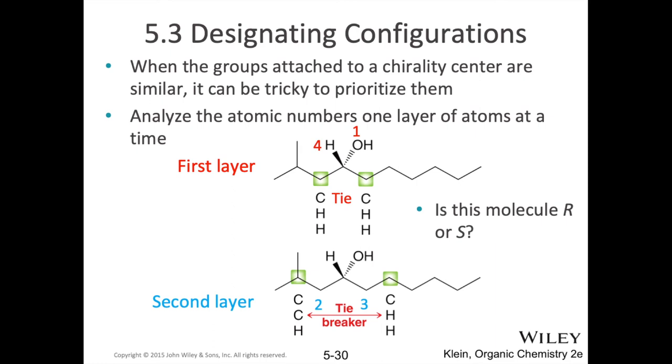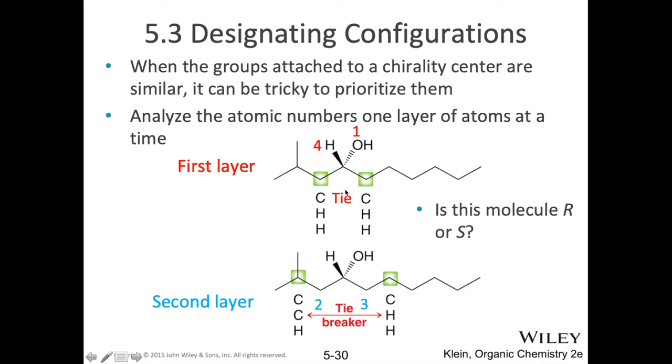But it isn't so much a total number of atoms or anything like that. You kind of have to go in order. You've got to look at what's attached in the case of the two immediate atoms in your group going away from your chiral center, and it's only if those are tied that you then move on to the next carbon over.